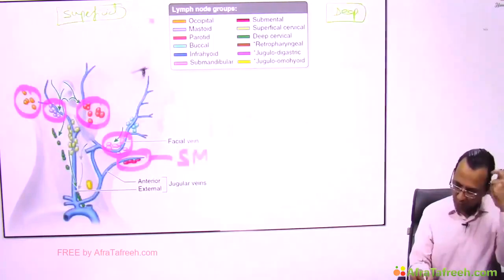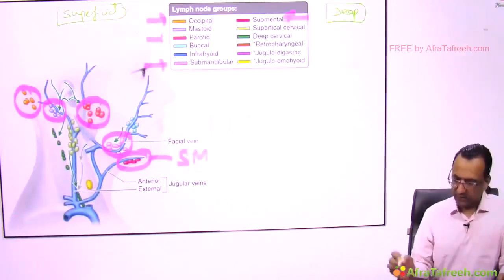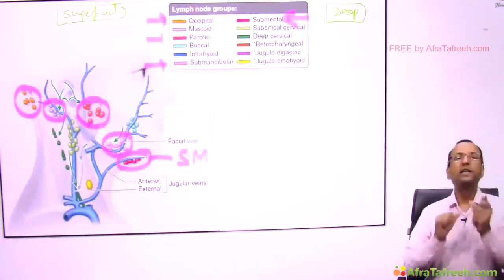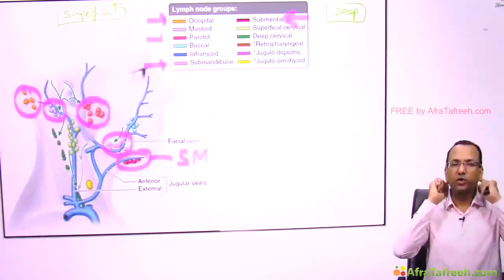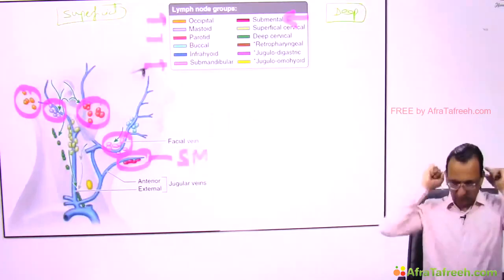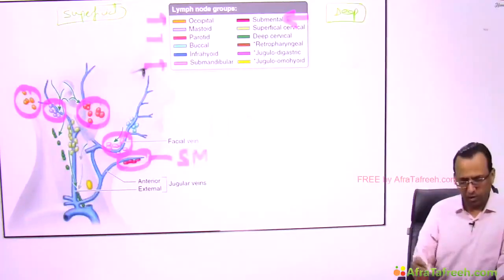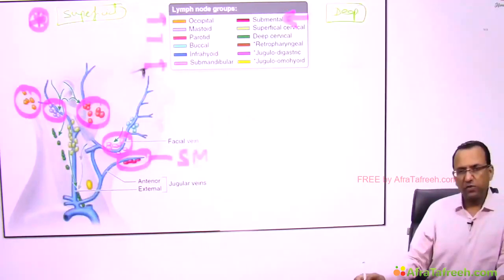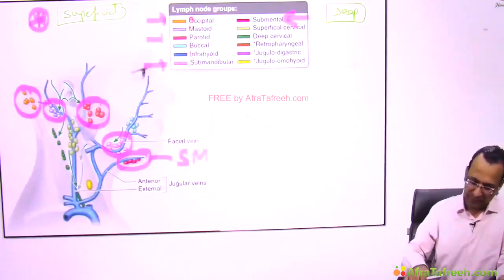This is the outer circle, the superficial group. There are many names, but I have given you some basics.